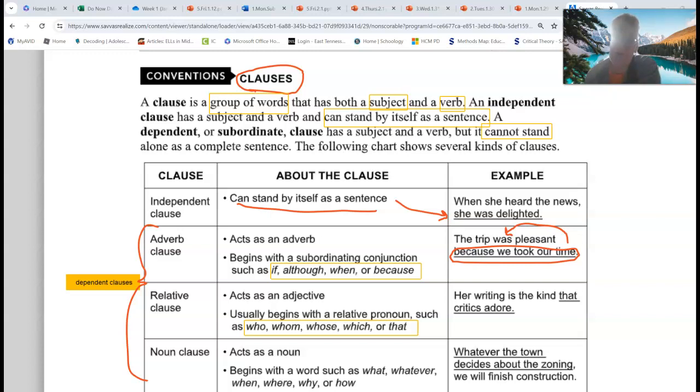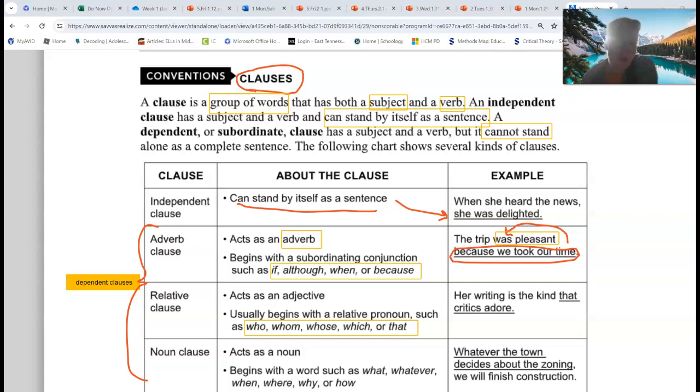So the verb phrase, the action phrase, was pleasant. So I'll put a box around that. So it gives us some information about why the trip was pleasant. Well, the trip was pleasant because we took our time. So it acts as an adverb. It gives more detail about the action in the sentence.